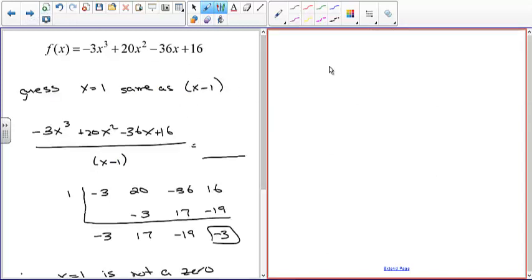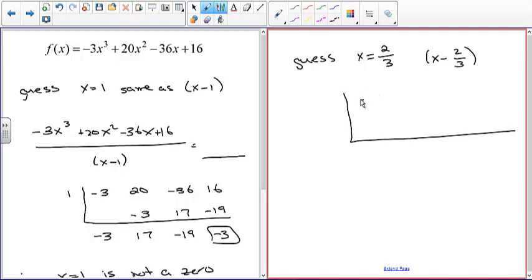So, if I guess that the 0 is 2/3, or the factor is x minus 2/3, what I would do is I'd take the original polynomial again, negative 3, 20, negative 36, 16. Here I'd put 2/3.